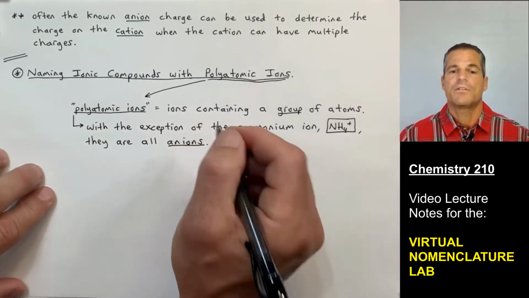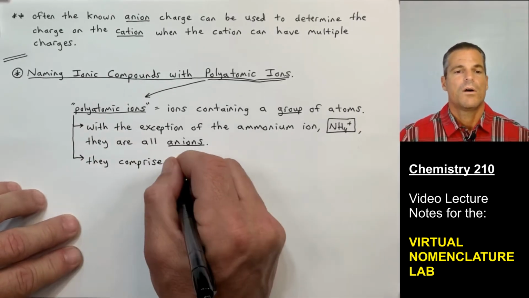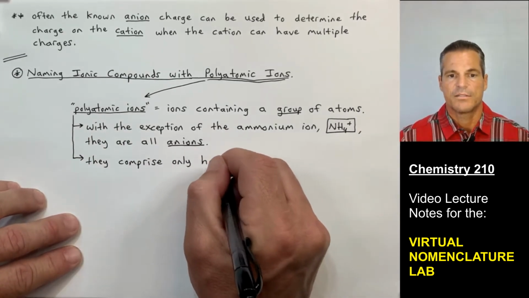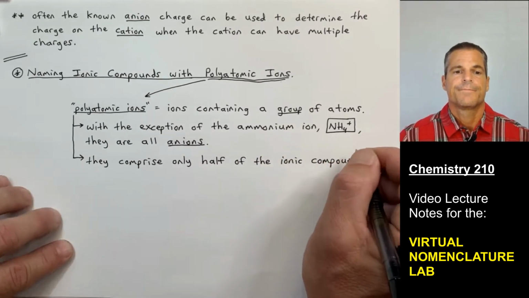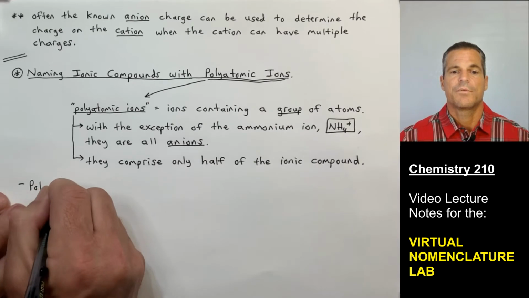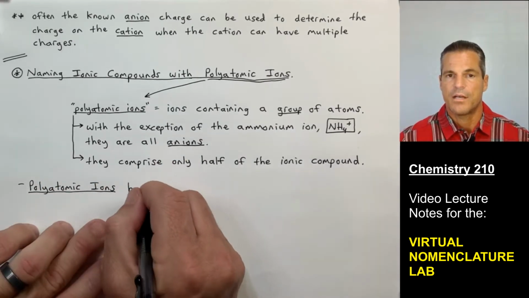With the exception of the ammonium ion, NH4+, all the polyatomic ions are anions. They have negative charges.